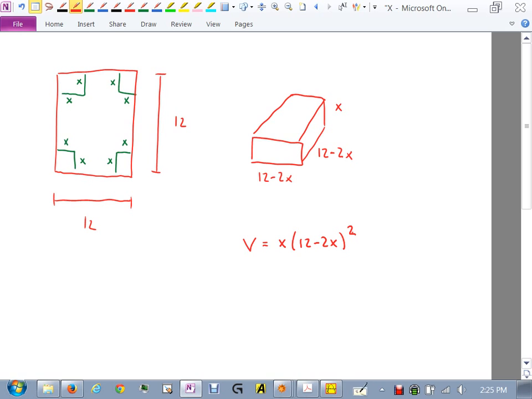I want to know the maximum volume. I actually want to know what the dimensions of the box are that give me the most volume. But that's going to mean that I need to find out when that maximum occurs, right? So here's the volume function. I want to know when it's the biggest it can be. But I need a closed interval.